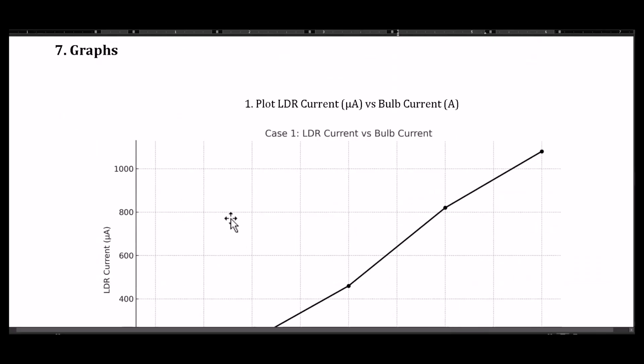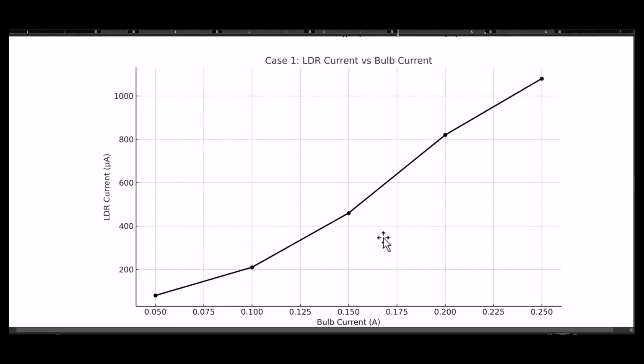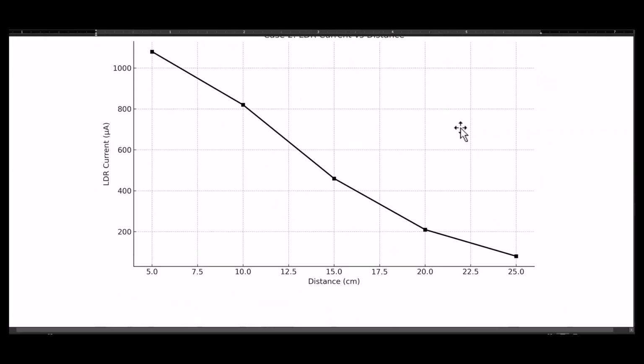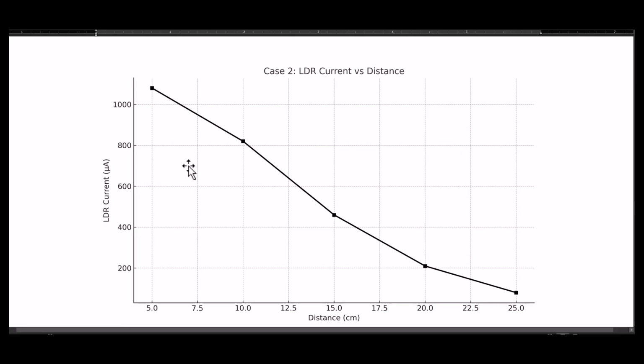We plot these two cases. Where the distance is fixed and we increase the power of the bulb, we get a proportional relation of the current through the LDR. In case 2 we keep the power fixed and increase the distance, and we get an inverse relation: when the distance is large, less current flows through the LDR.